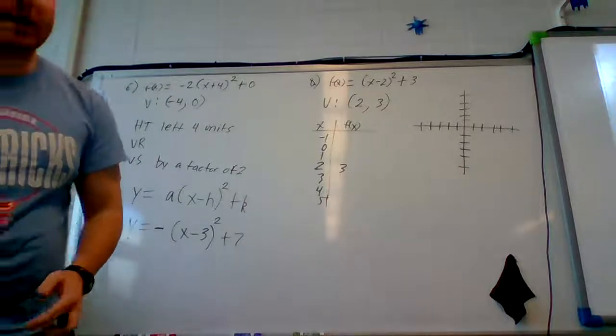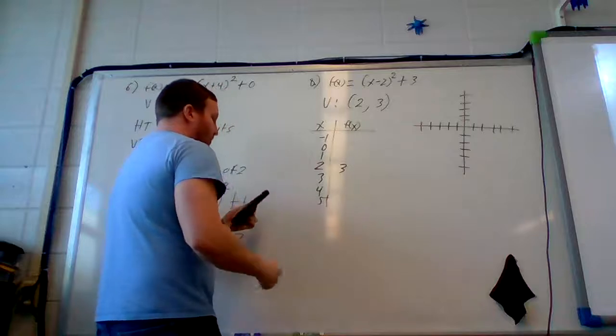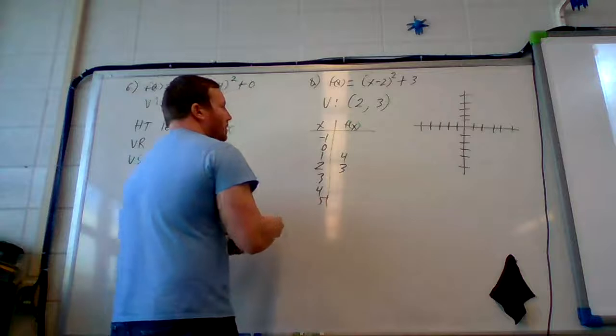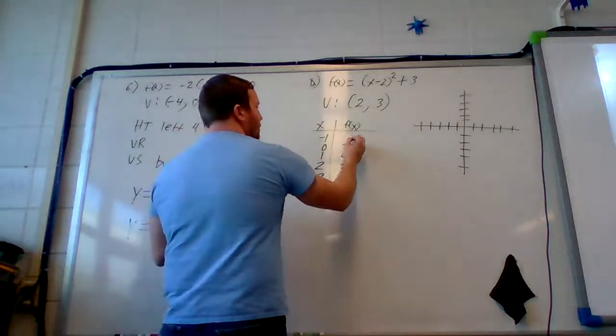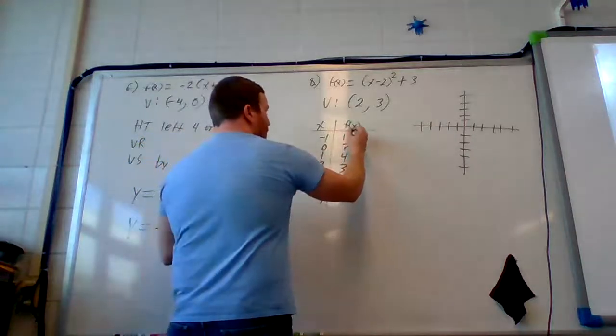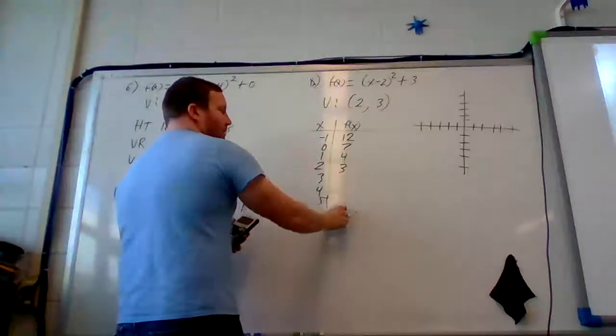So when I'm looking at my table, at 1, I'm at the point 4. At 0, I'm at 7. And at -1, I'm at 12. These are going to be those exact same values, right?